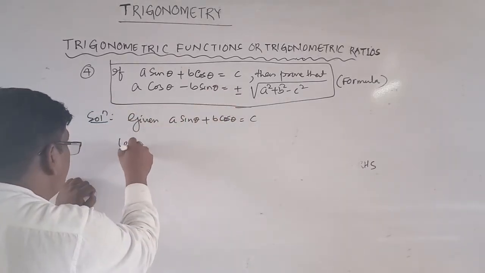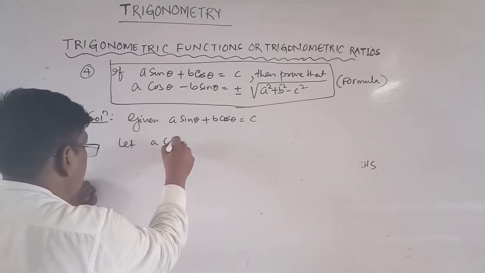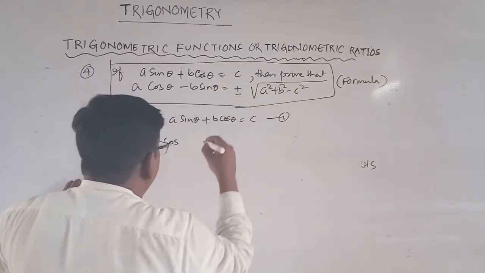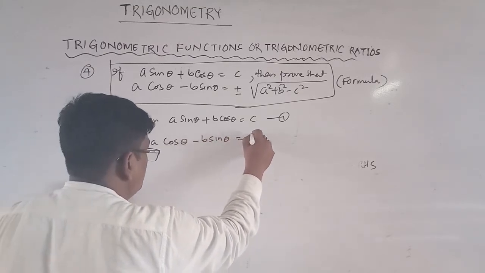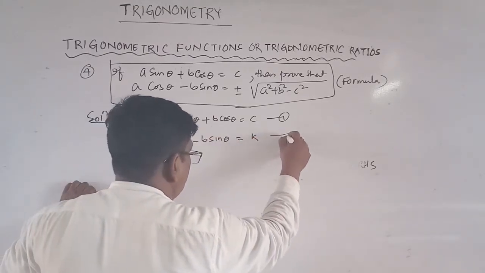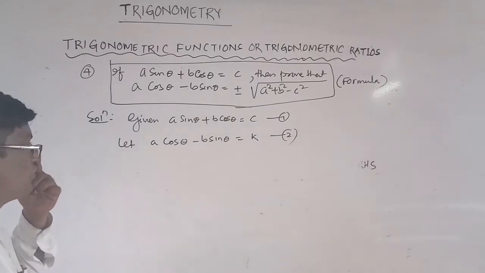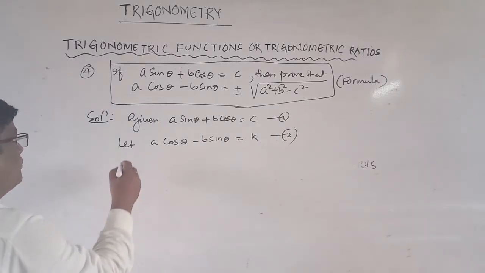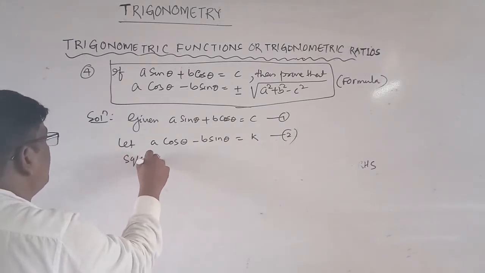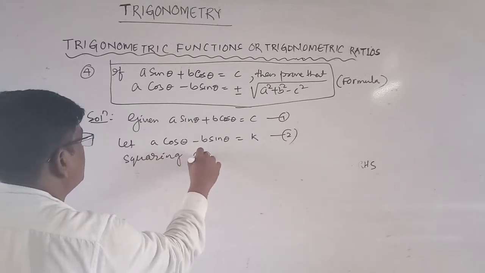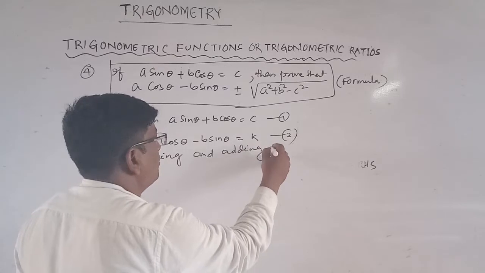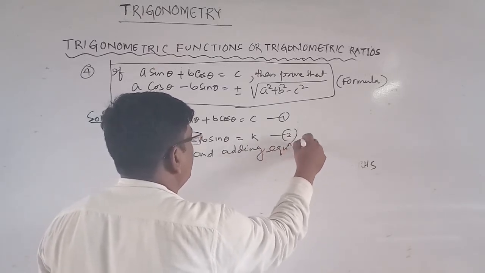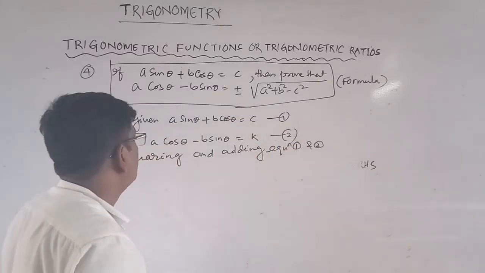Let this be equation 1, and a cos theta minus b sin theta equal to, suppose, k, equation 2. Squaring and adding equations 1 and 2, what happens here?